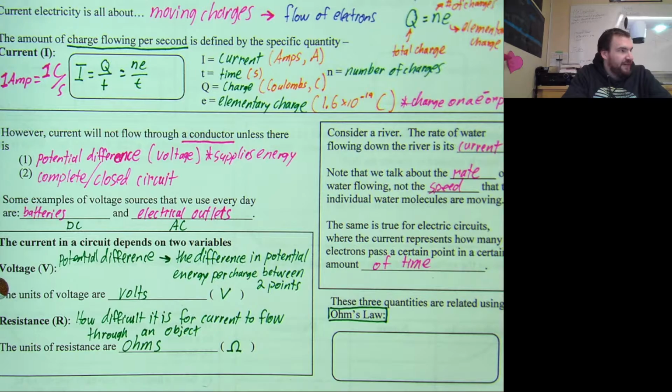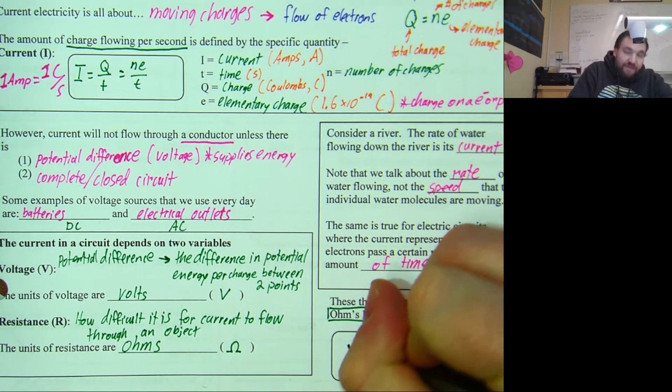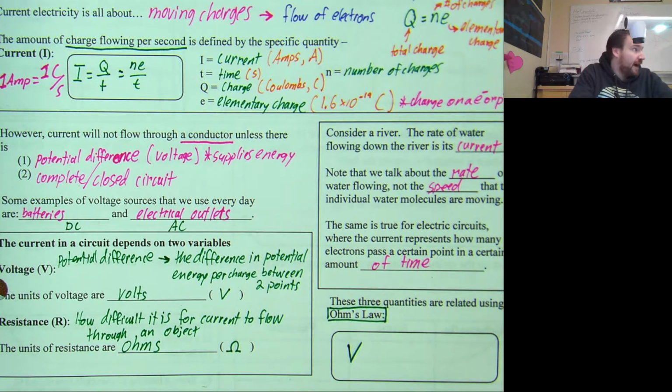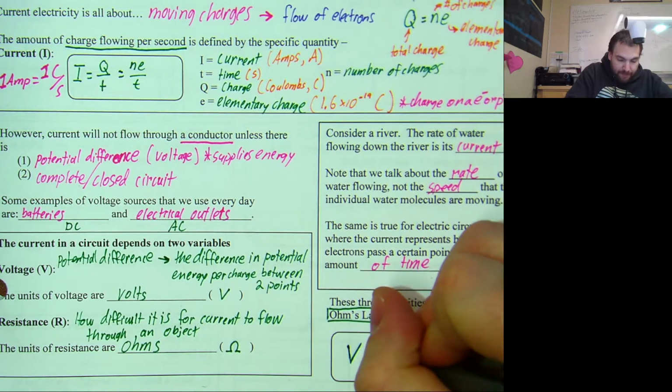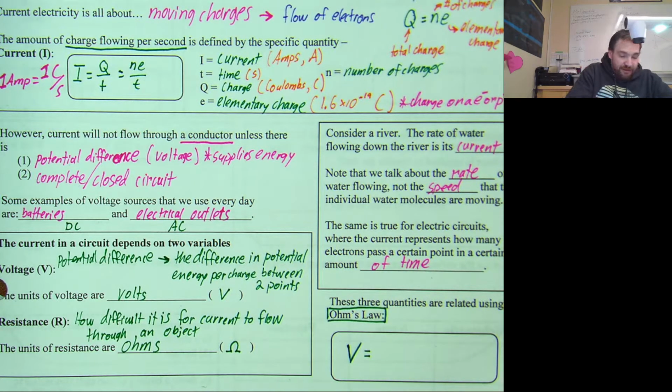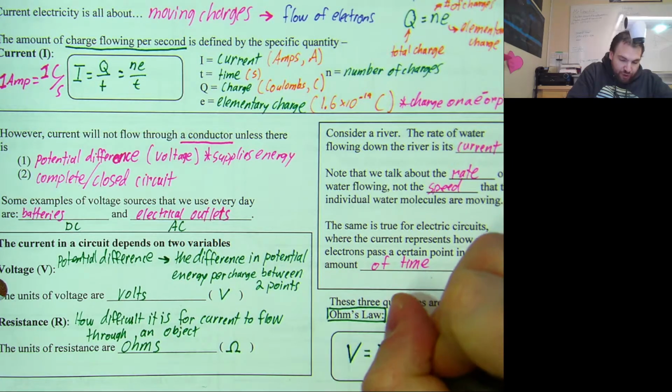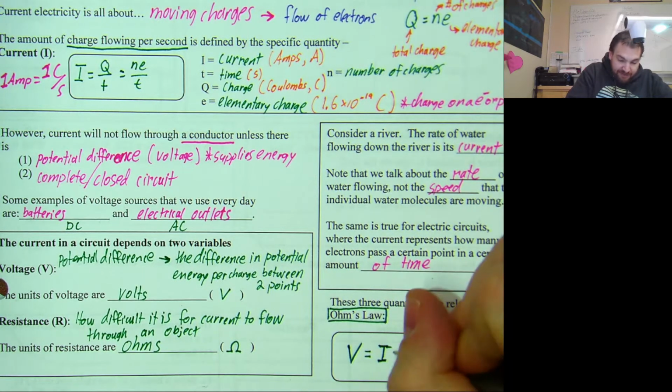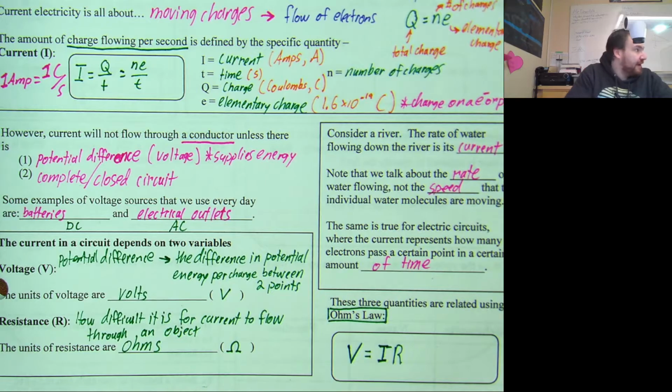So these three objects are going to exist in a similar relationship to how we had distance being equal to a velocity times time. The amount of voltage, V, that you need to provide is going to be equal to the amount of current you want times how hard it is to make it flow.